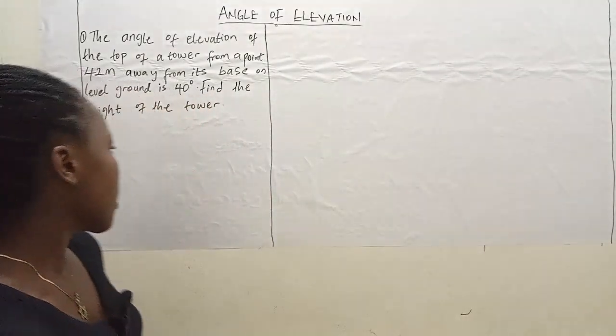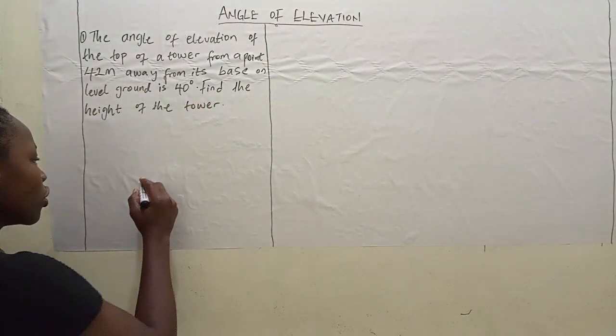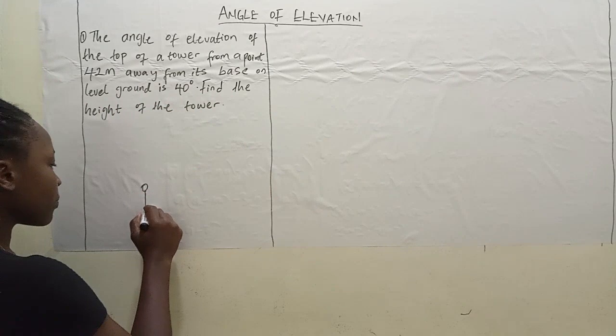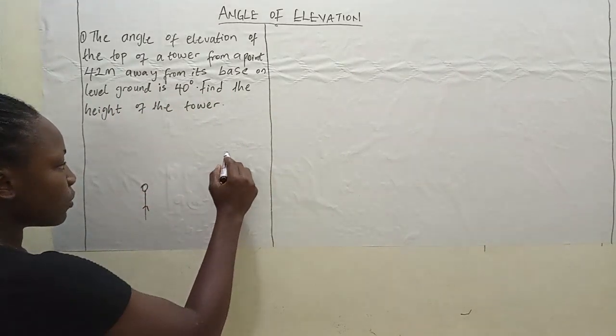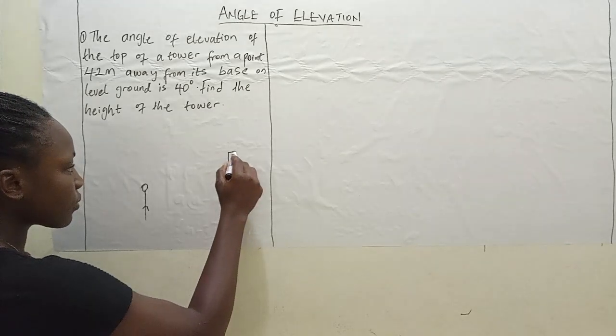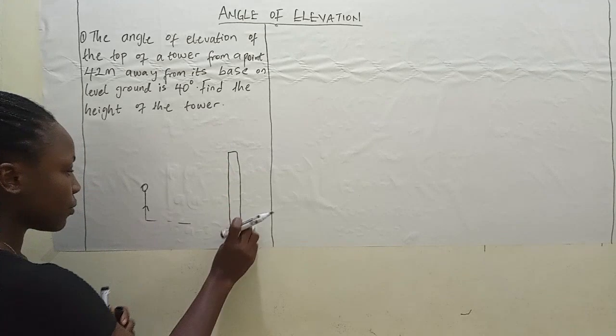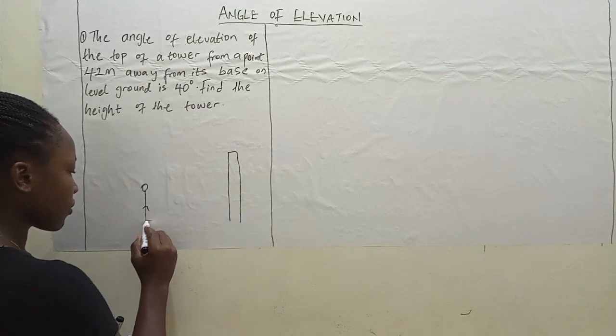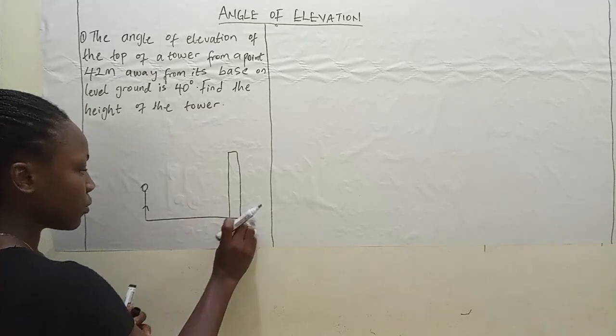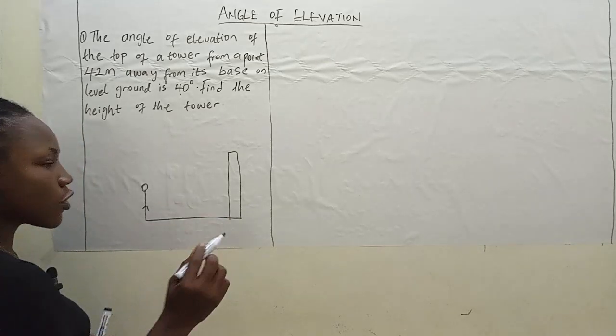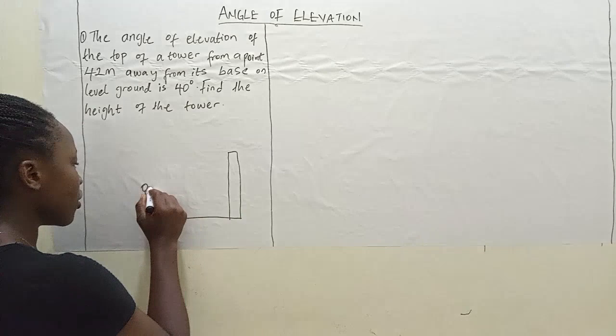For instance, let's look at this. You are standing here, this is you, and this is a building. This is the level. Now, at first, you are looking straight. This is your eye level.